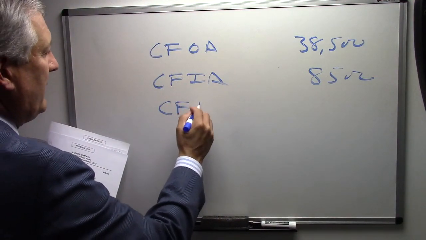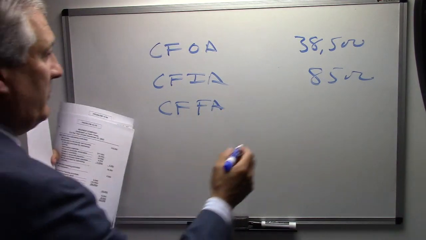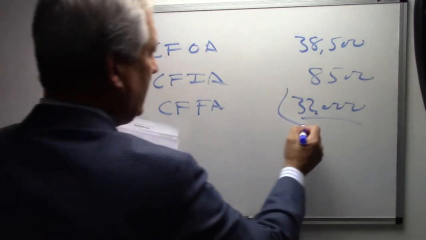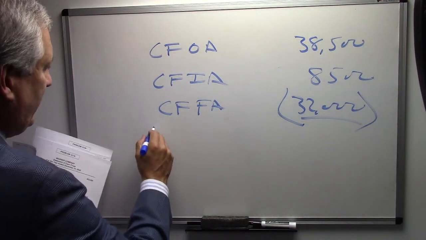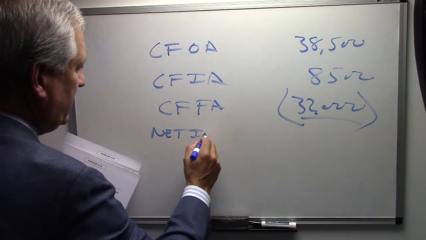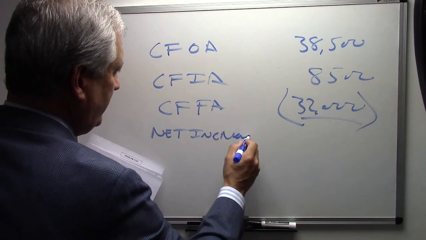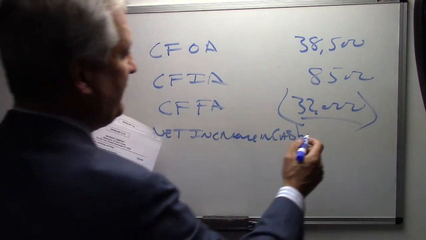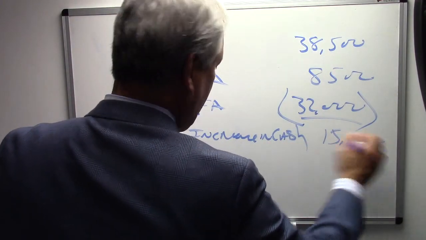Cash flow from financing activities, we said that was a negative $32,000. So we have net increase in cash of what? $15,000.